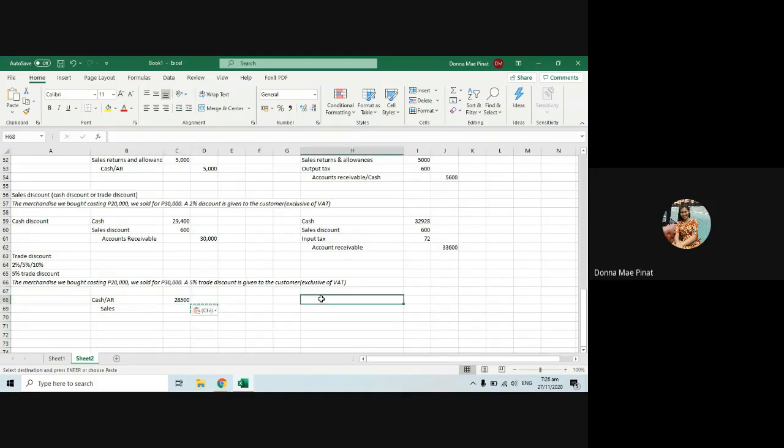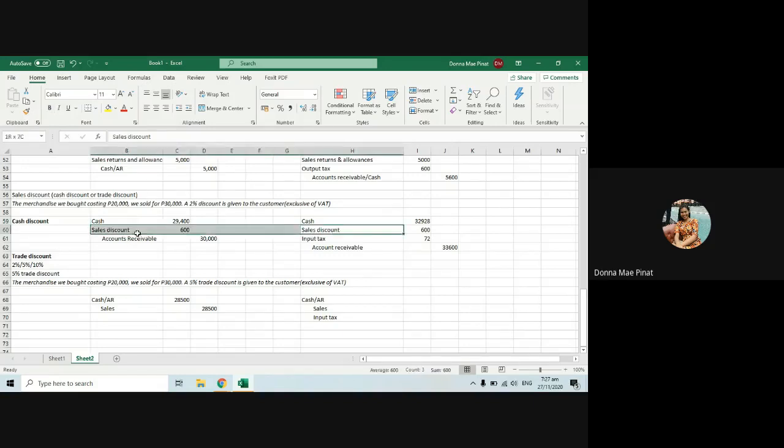So how about if na VAT? Cash, AR, sales, input tax. Again guys, pag trade discount gali wala na siya record. Dili para sa purchase discount nga naagyod or sales discount naagyod na siya.